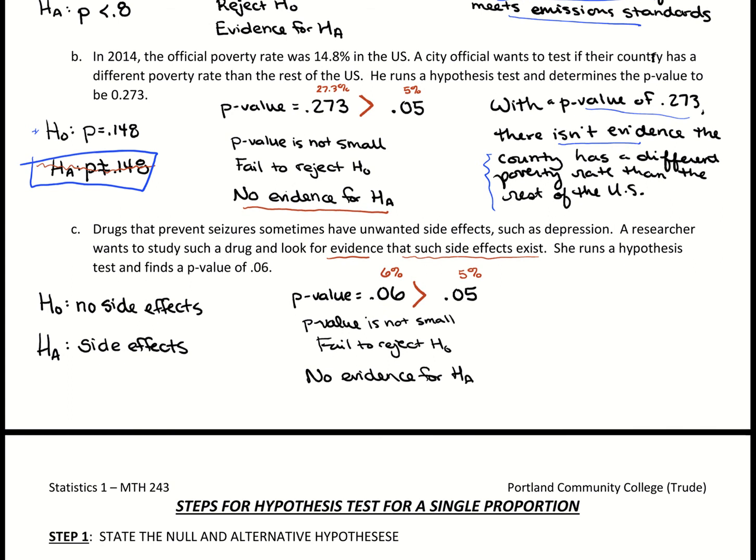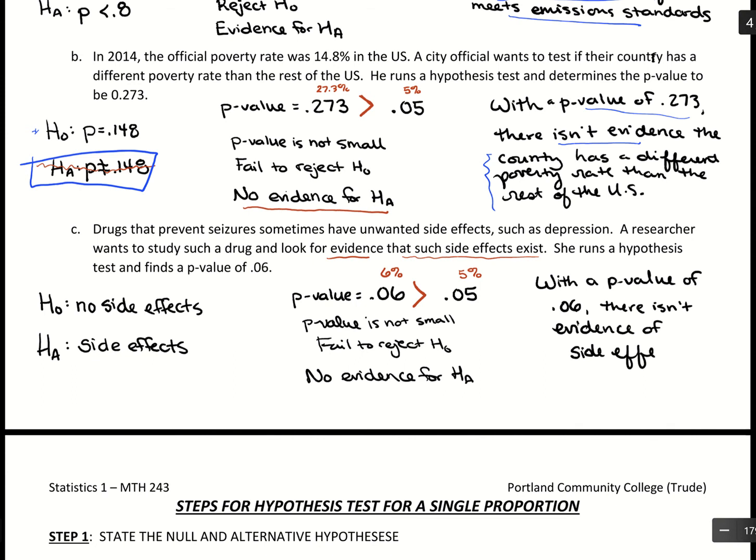So for our conclusion, what we would say is with a p-value of 0.06, there isn't evidence of side effects, or at least significant side effects to make that conclusion.